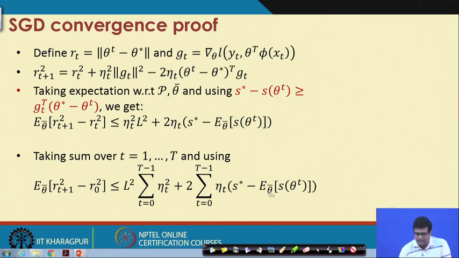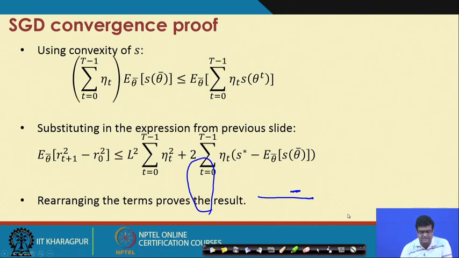What we want is for this summation to go inside, because this theta_t is the only thing that is dependent on t. So, how does this summation go inside?